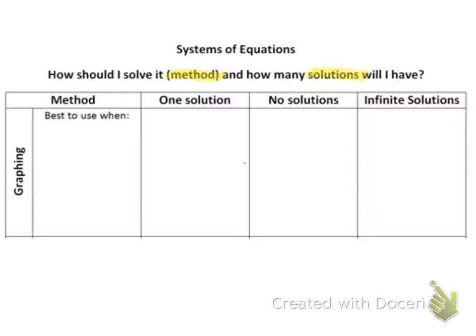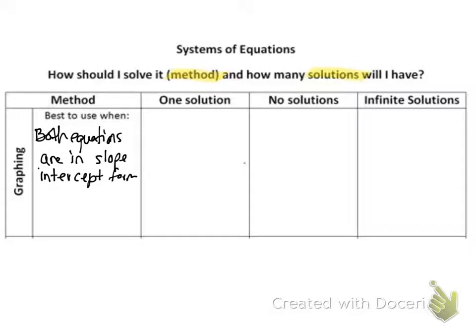So for today, I'd like you to write in for graphing, this method is best to use when you have both equations in slope intercept form. And remember, slope intercept form is y equals mx plus b. It will work when it's not like that, but it's not as much fun.